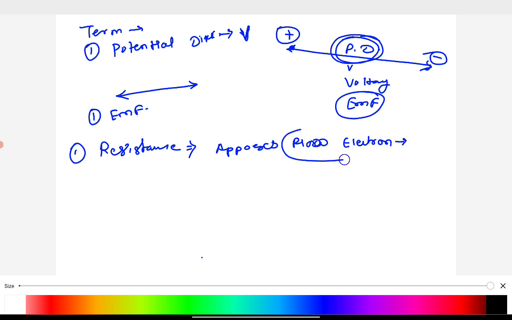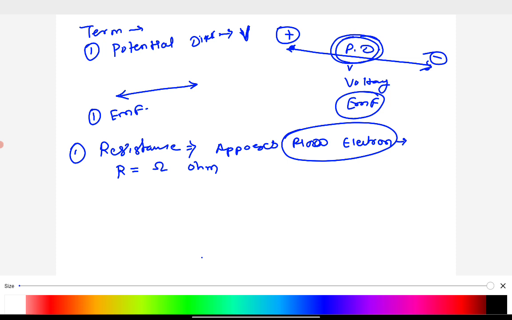The opposition to the flow of electrons due to the bonding between electrons and protons is known as electric resistance. Resistance is denoted by R and its unit is the ohm.